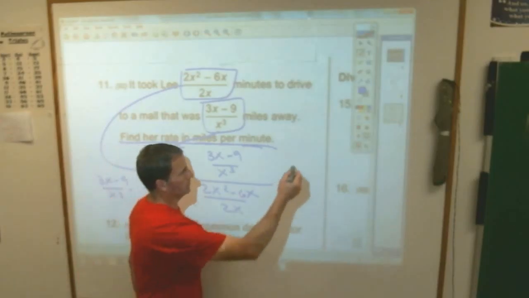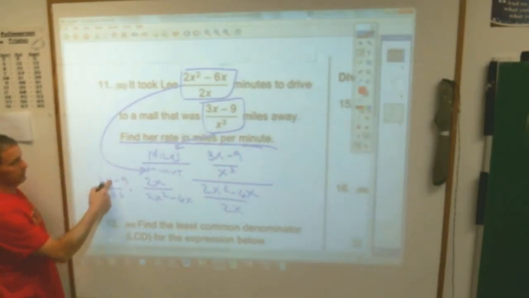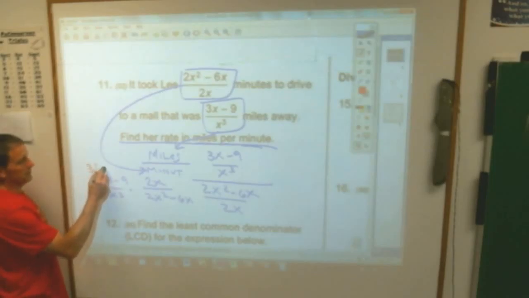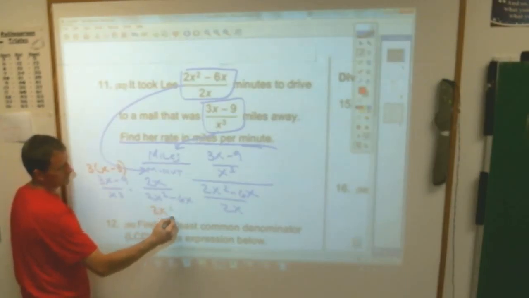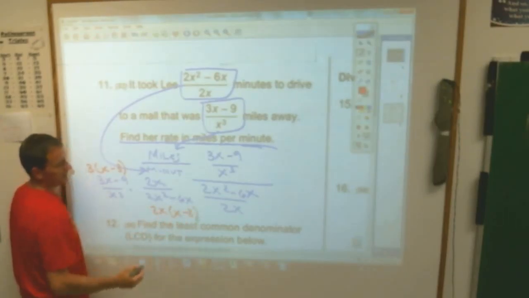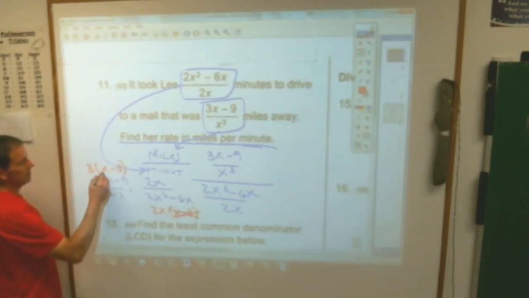Now again, that doesn't look good, but you're just going to cross cancel what you can. For example, factor this out, it's 3 times x minus 3. You're hoping for an x minus 3 down here. What can you take out of both of those? A 2x, which leaves x minus 3. Yay! The x minus 3's cross off.